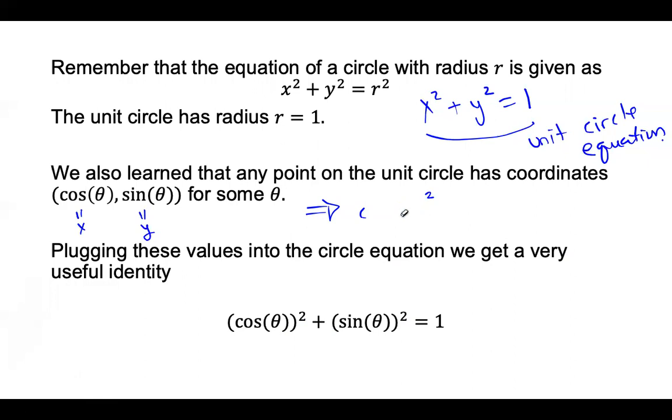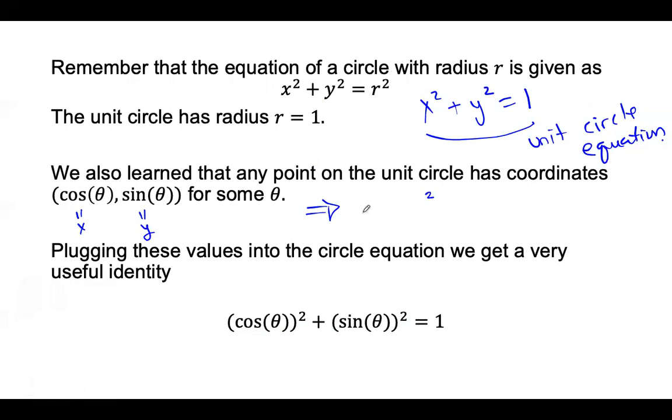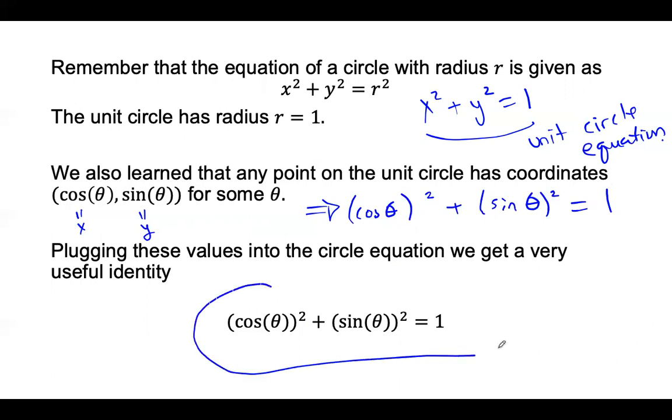Or simplify this. So the cos of this angle squared plus the sine of this angle squared is equal to 1. This is a super useful identity that comes across and is used frequently.